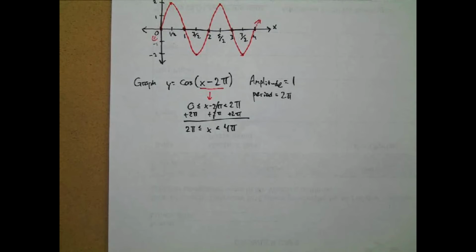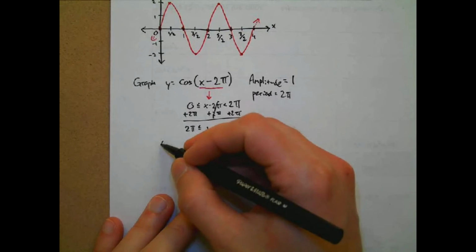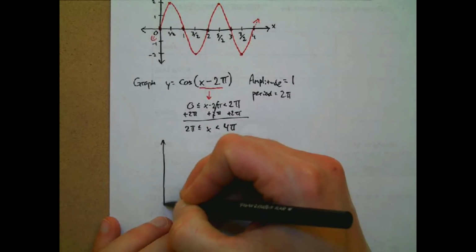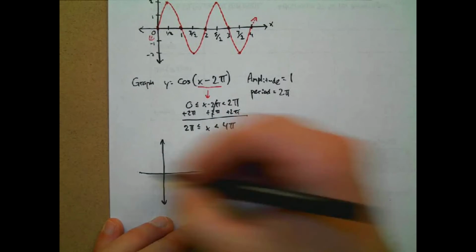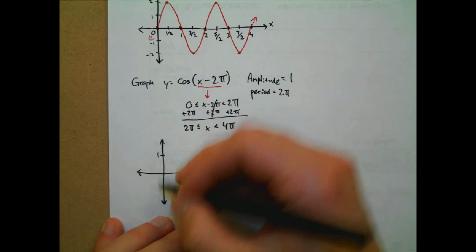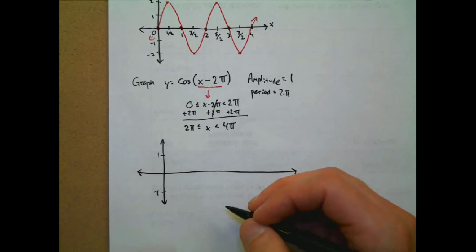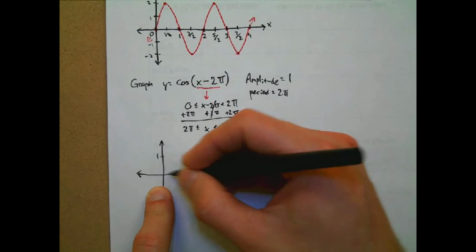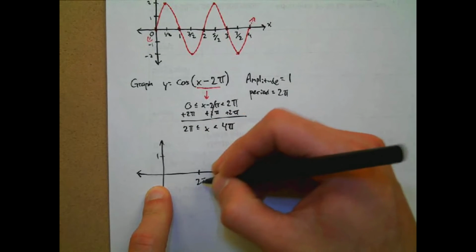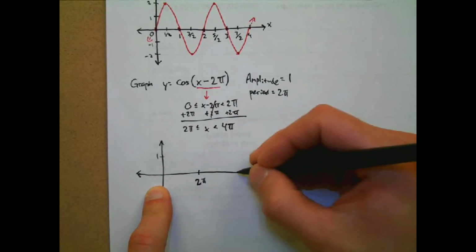And so if I want to graph this now, I still have to put 1 and negative 1. I'm no longer going to start at 0, though. I need to shift out to 2 pi. So I'll just say, there's 2 pi, and there's 4 pi.